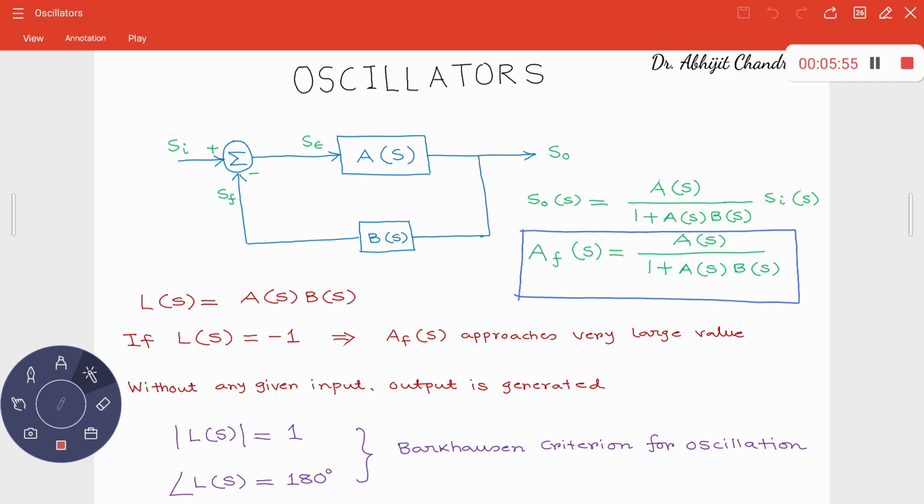Mathematically, if A(S)B(S) approaches -1, that means A_F(S) is approaching infinity. So what is A_F(S)? This is nothing but the output signal by the input signal, S_O(S) by S_I(S).